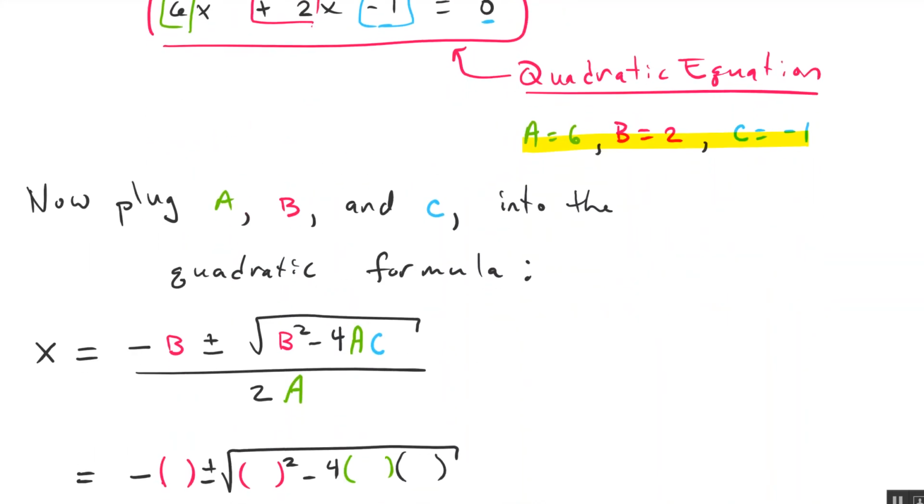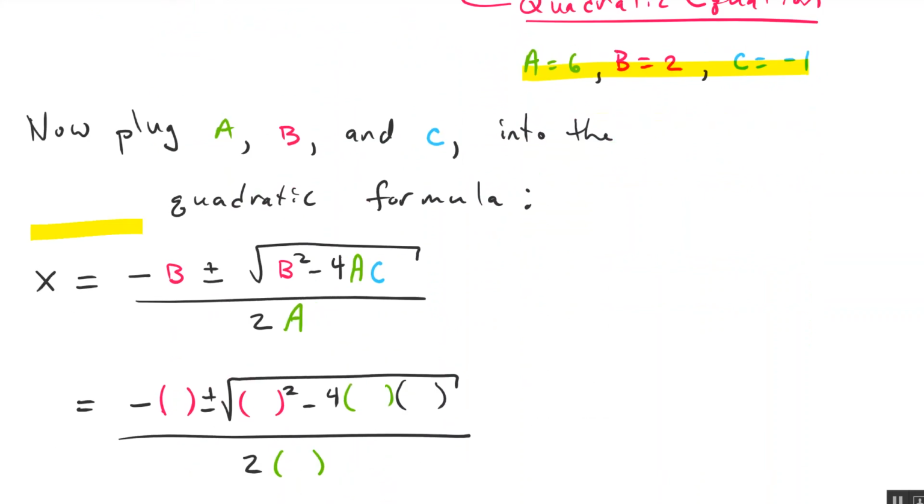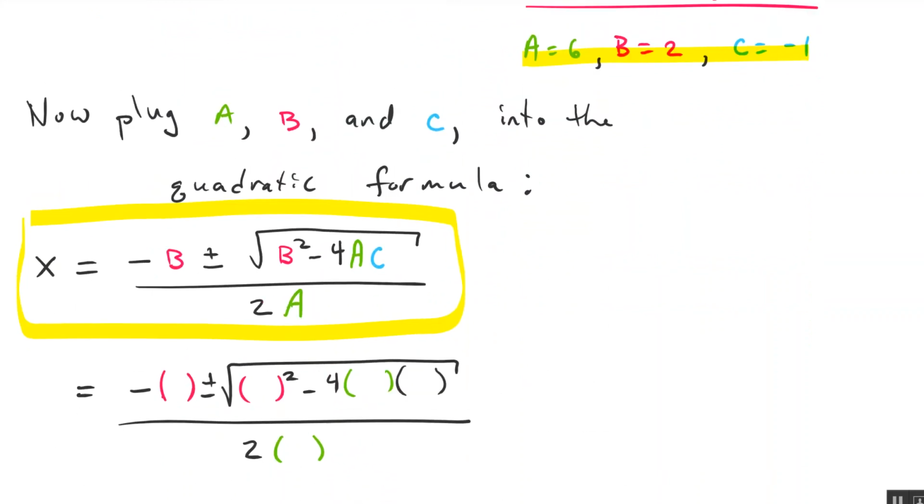Now if we plug in a, b, and c into the quadratic formula, just as a reminder, here's the quadratic formula, and we literally are just plugging in the a, b, and c that we have into these spots, doing some algebra, and we have our answer, which is the solution to the quadratic equation, or in other words, the x that will make the equation true.